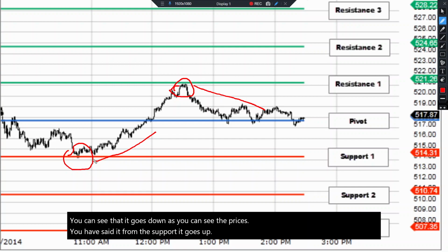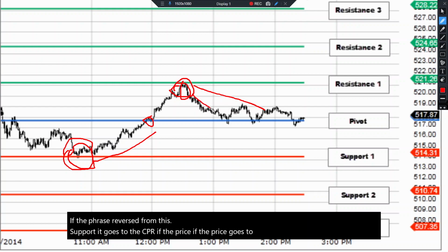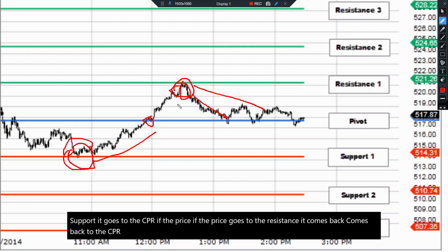So you can see that if the price reverses from the support, it goes to the CPR. If the price goes to the resistance, it comes back to the CPR. So you must take note of this important point.